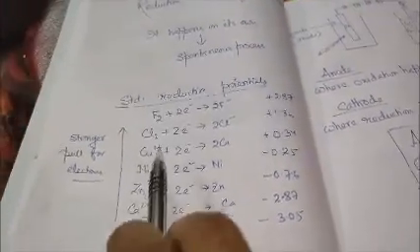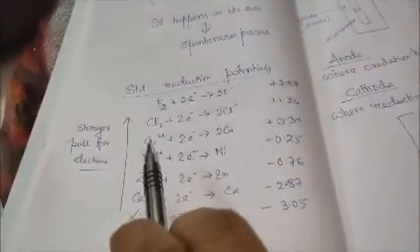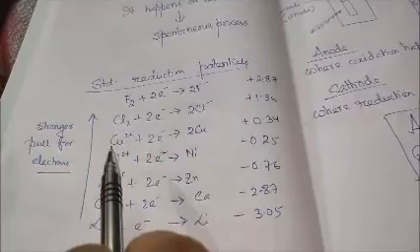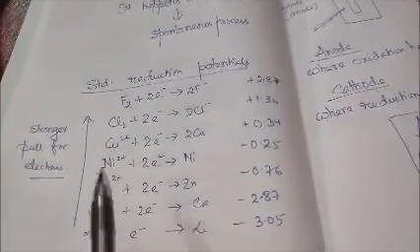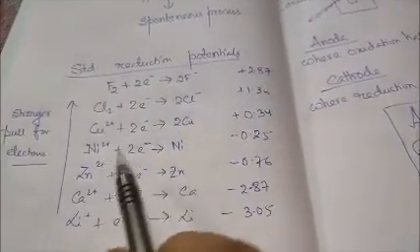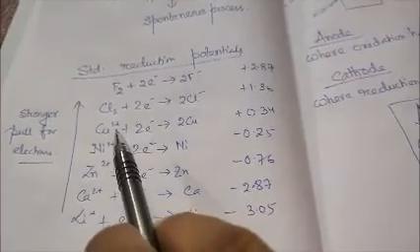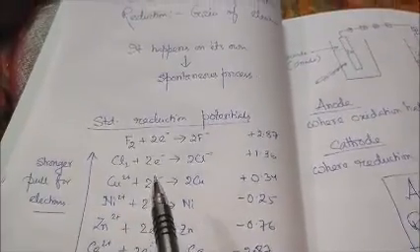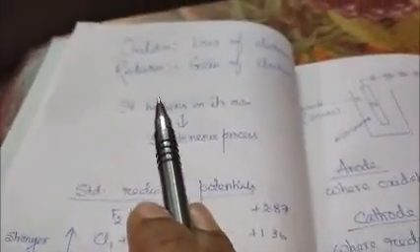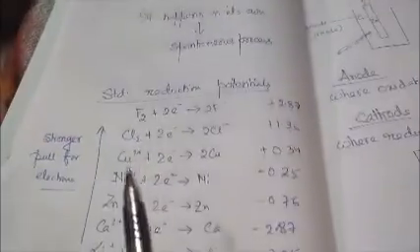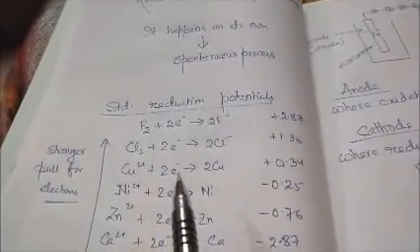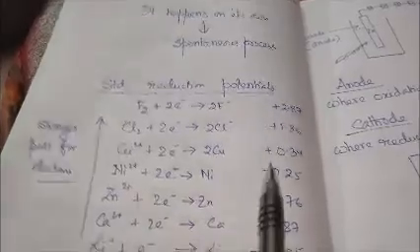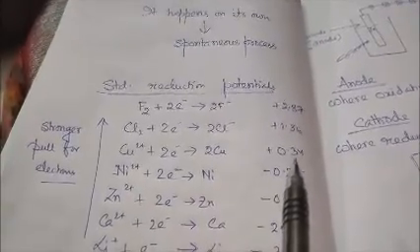So if I compare my example that I have already shown to you, that is the copper and zinc, you will find that in case of copper, the reduction, that copper 2 plus is getting 2 electrons, because already we know that reduction means gain of electron. So copper 2 plus 2 electrons gives you copper, which is plus 0.34.